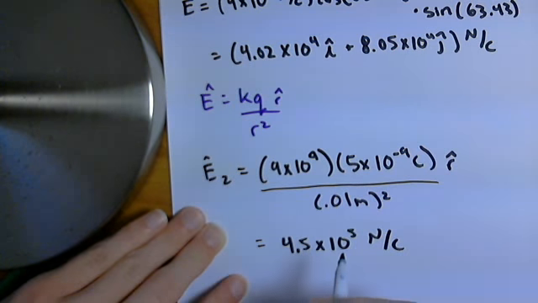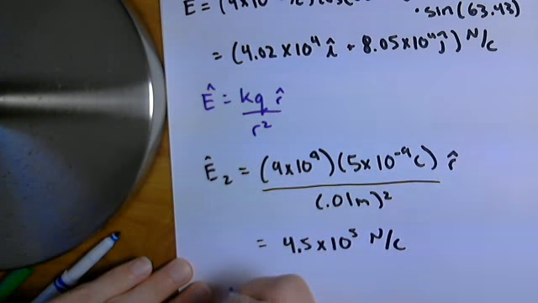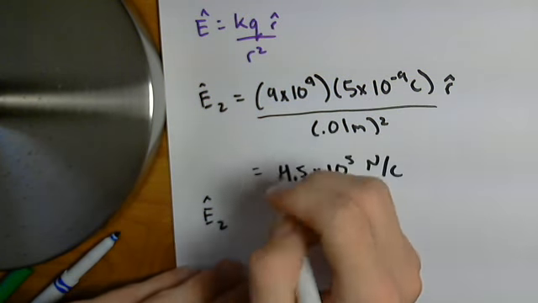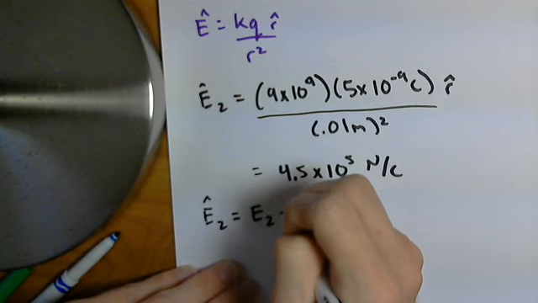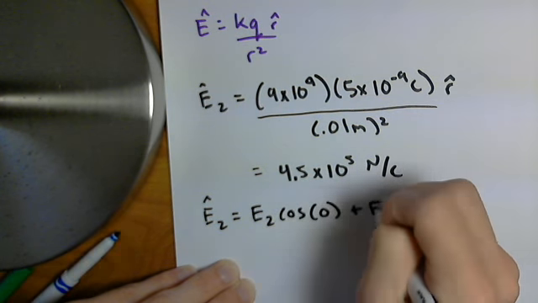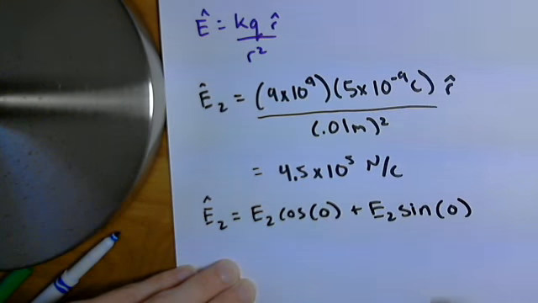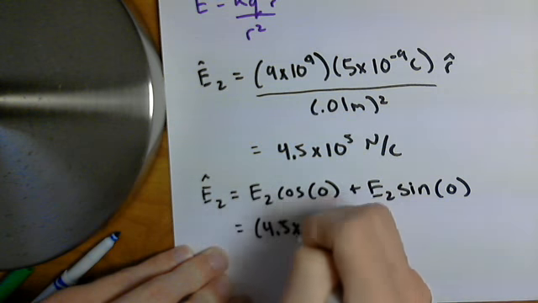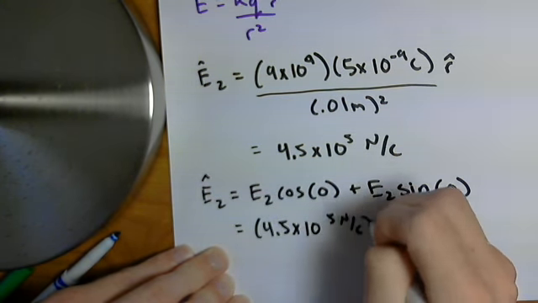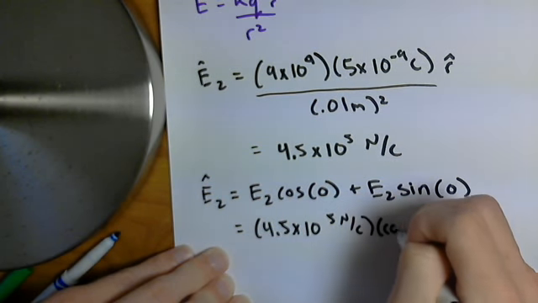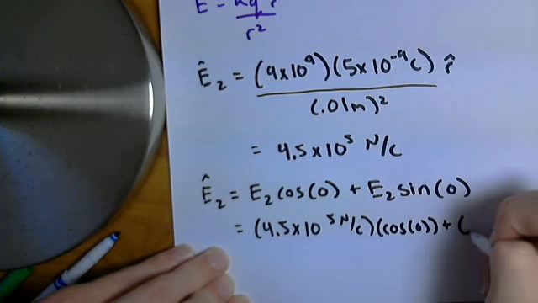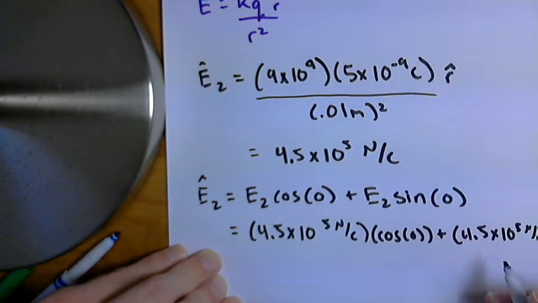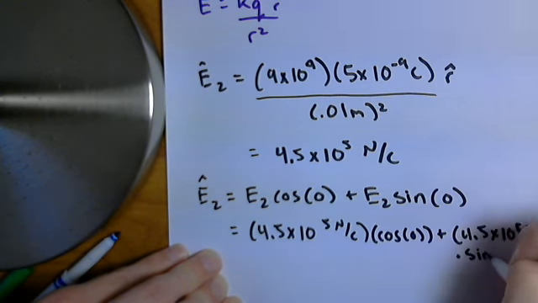So we plug in theta and get E2 cosine 0 plus E2 sine 0, which is 4.5 times 10 to the 5th times cosine of 0 plus 4.5 times 10 to the 5th times the sine of 0.